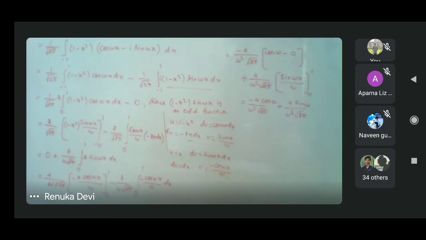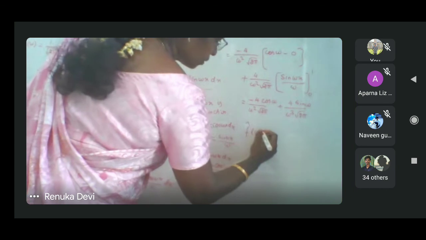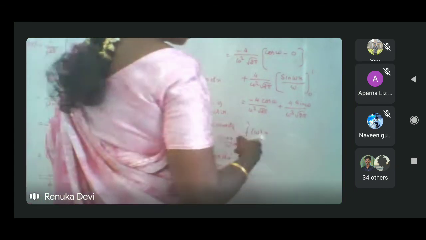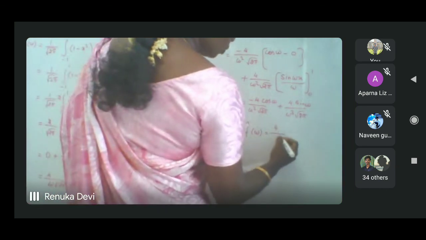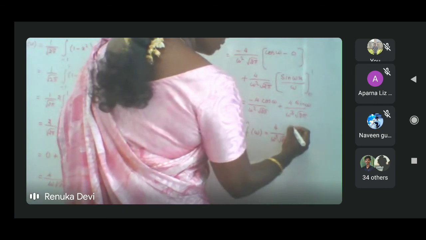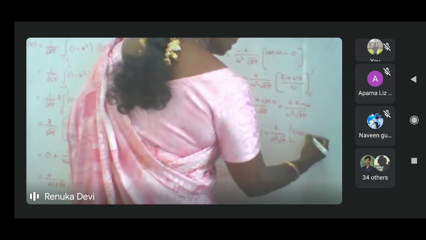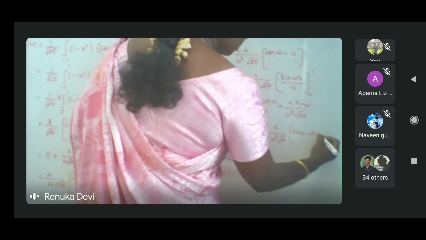What is this? F cap w, isn't it? This is your F cap of w. I can take some constant also, so 4 by w cubed root 2 pi. In the first term I have sin w, the second term minus w cos w.